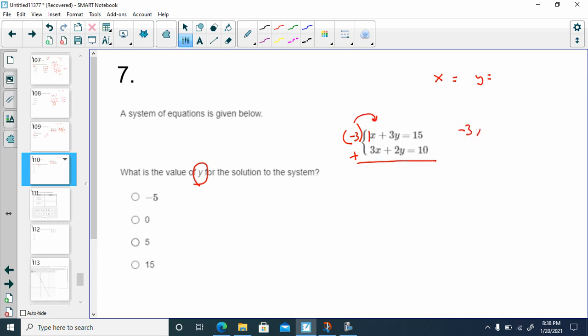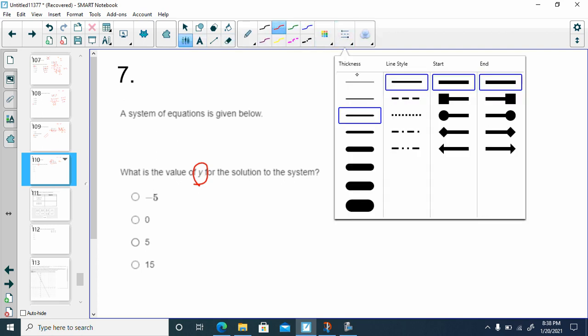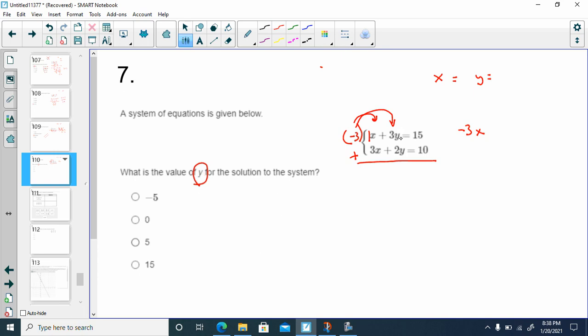So let's multiply everything here by negative 3. I've got negative 3x, negative 3 times 3y is not positive, but that would be a negative. That would give me a negative 9y. Negative 3 times 15 is negative 45.